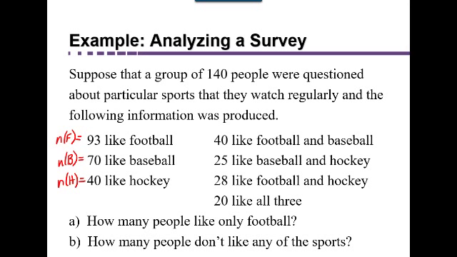So what is this number 40 over here that like football and baseball? So remember, the word "and" has to do with intersections, the overlap, what's in both. So in this case, we're having football and baseball, F and B. So what they're telling us is the number in the region football and baseball, the overlap, the intersection, is 40.